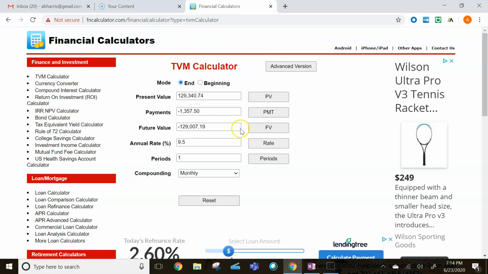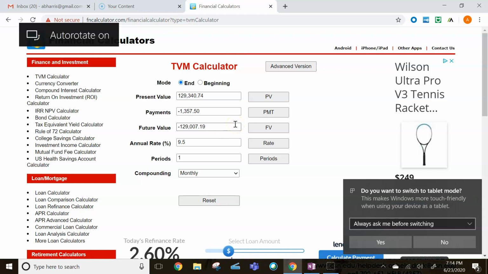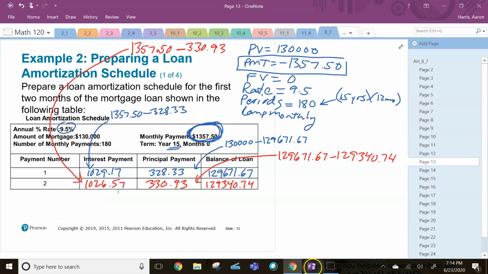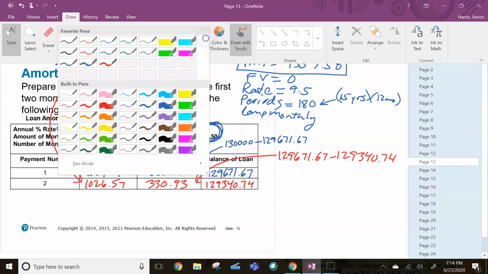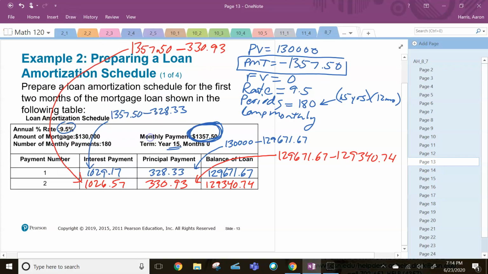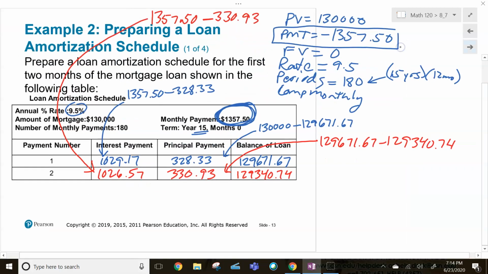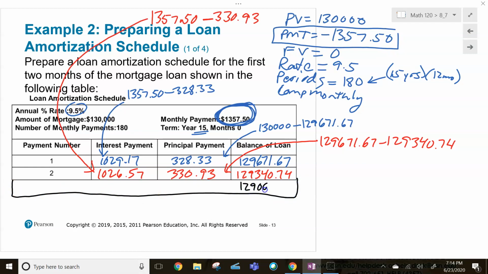So I click the future value. 129,007.19.